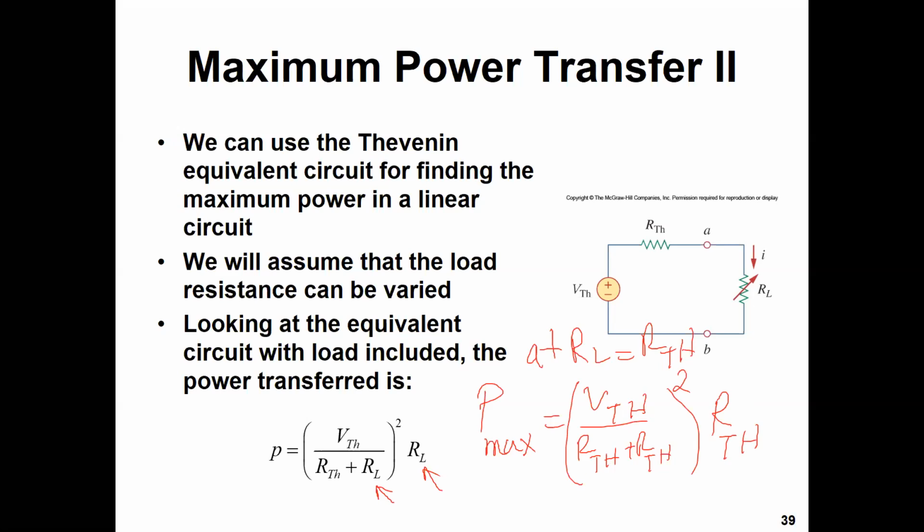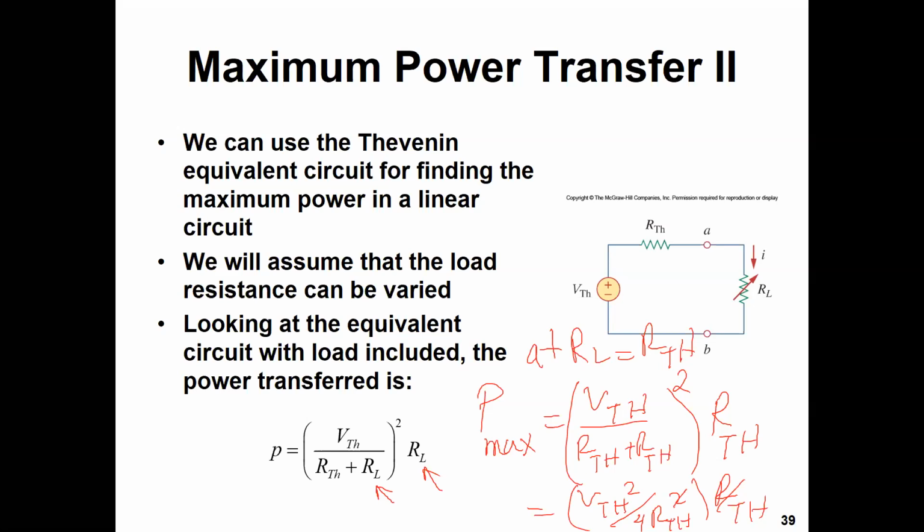So this will be VTH squared divided by 4 RTH squared, because RTH plus RTH is 2 RTH, which squared becomes 4 RTH squared, and then multiplied by RTH. One of the RTH will cancel out, so it becomes VTH squared over 4 RTH.